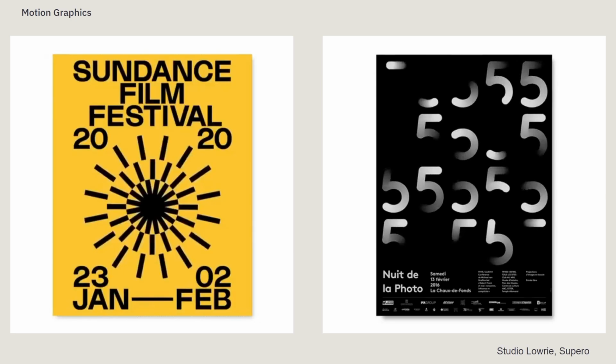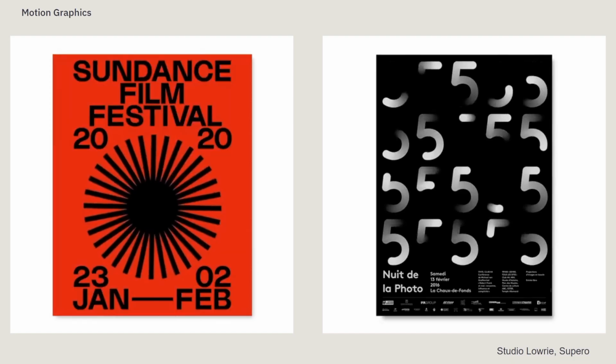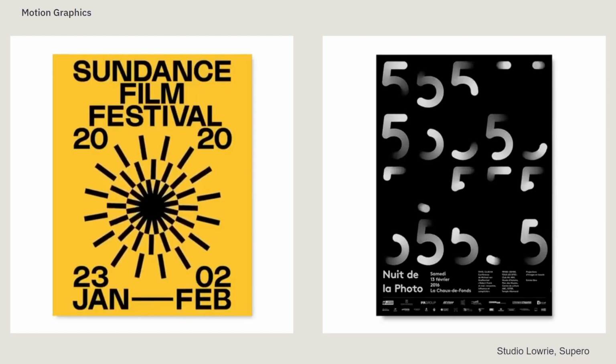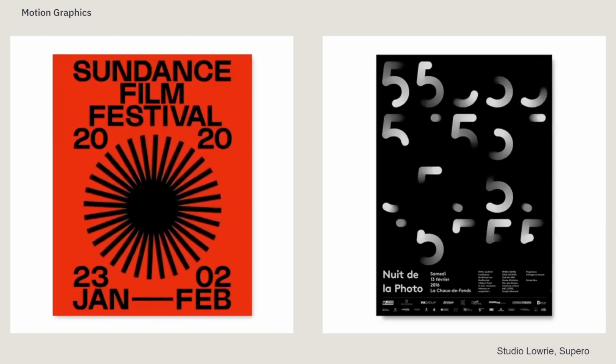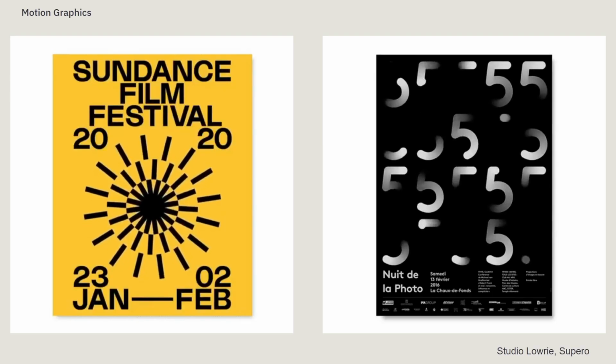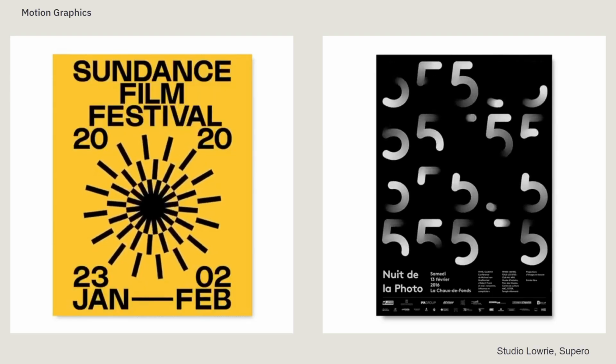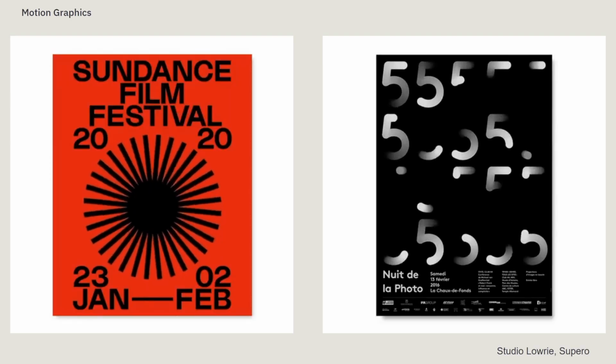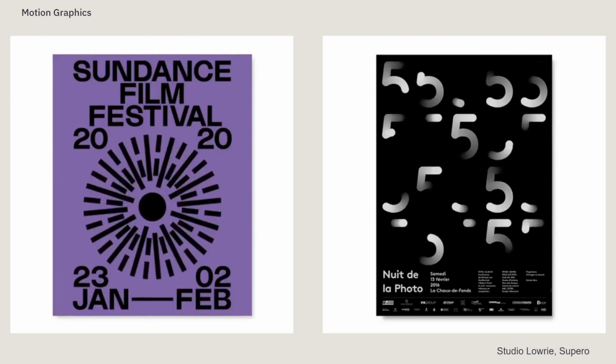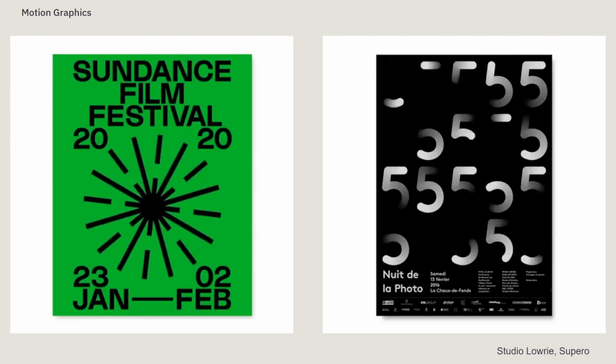On the left, you see there is some subtle rotation, and then the image in the center and the colors change, but the composition is overall the same. On the right, we have much smaller animations happening on the number 5, but again, the layout is the same. You can imagine what both of these posters look like as static posters.